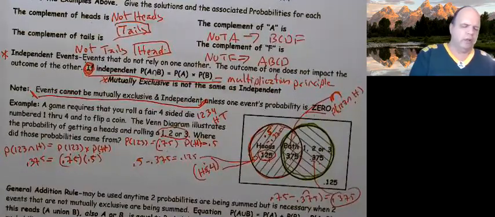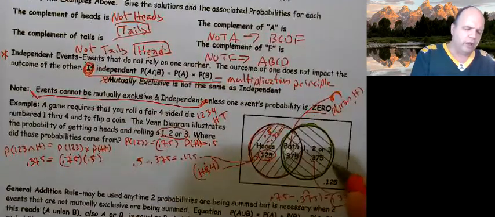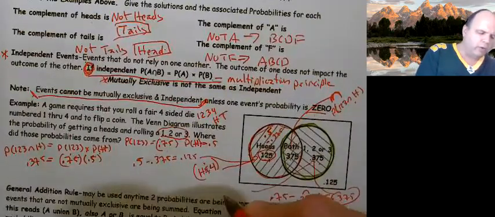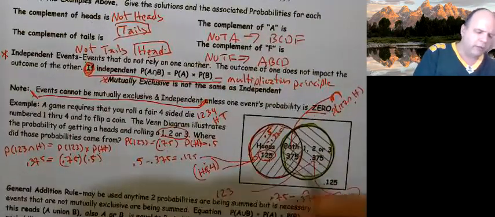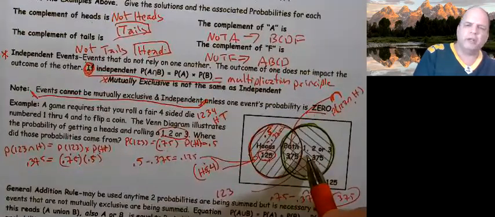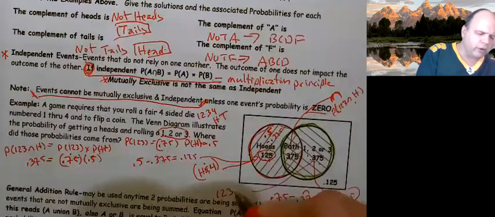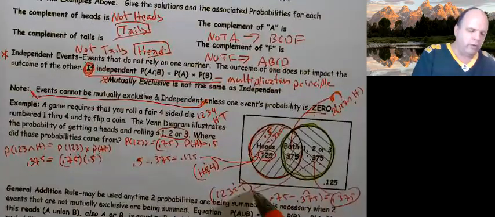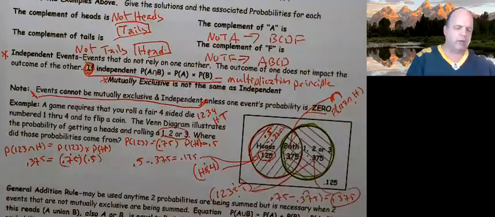All right. So what is this? Well, obviously, this right here is getting a 1, 2, or 3, but this is heads, so this has to be not heads, which means it is tails. So 1, 2, 3, and tails. So this is this section right here. This one right here is 1, 2, 3, and tails.